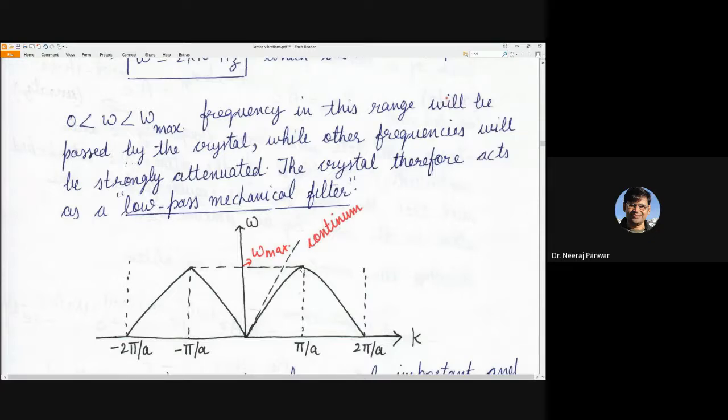Therefore, at the zone boundary, the waves would be reflected in the opposite direction. That's why here the slope of omega versus k is 0. This means the velocity at the zone boundary is 0. It represents a standing wave.